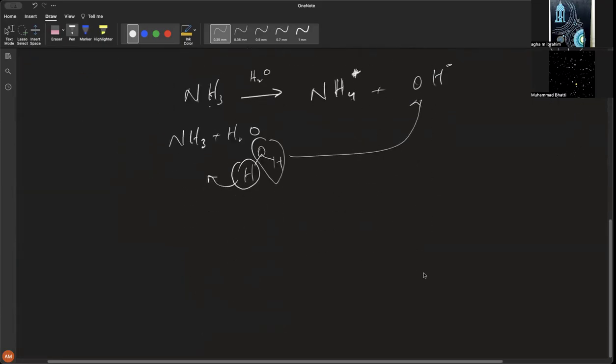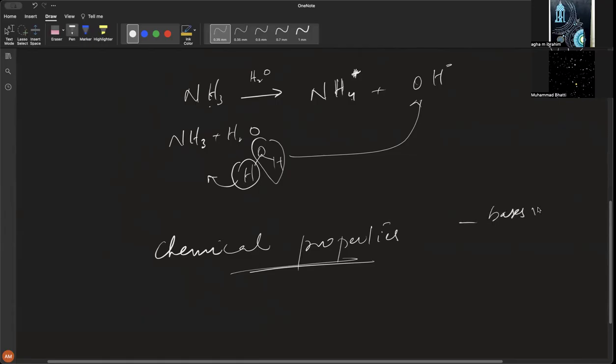All right, let's move on to the chemical properties. When we are talking about chemical properties, we are going to be doing two reactions: bases or alkalis versus acids, and the other one is bases versus ammonium salts.